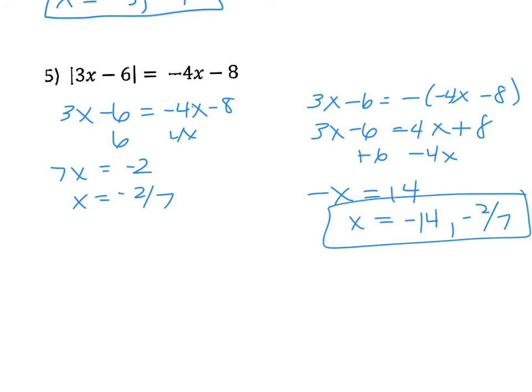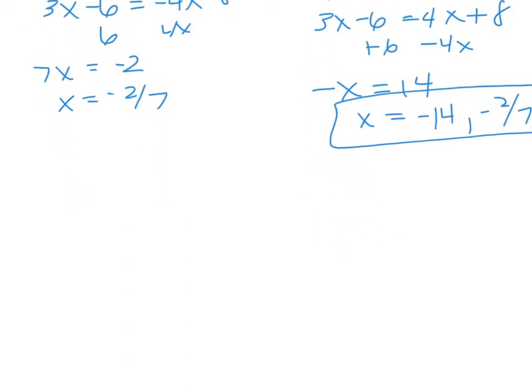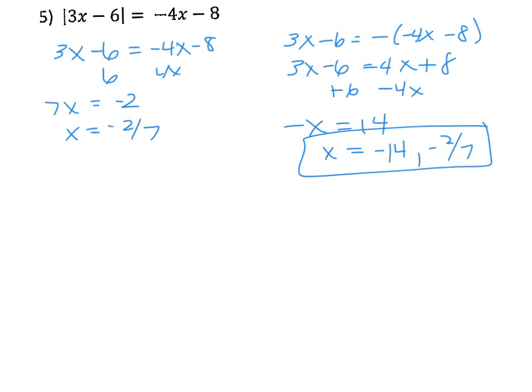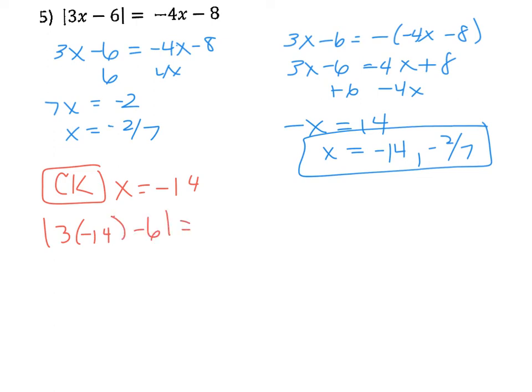Okay, so here we go. So we're going to do the check. So let's do x equals -14 first. So it's the absolute value of 3 times -14 minus 6 equals -4 times -14 minus 8.